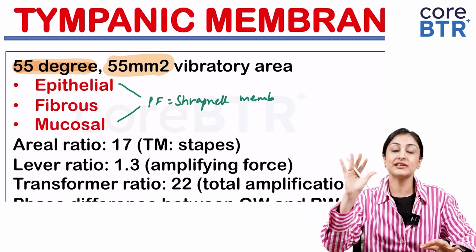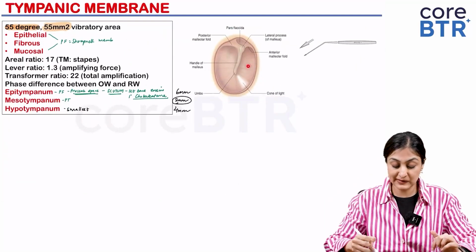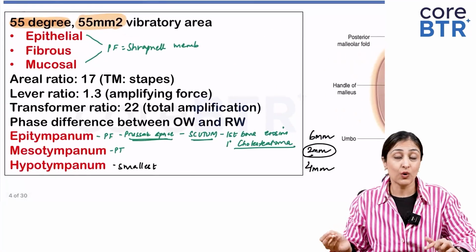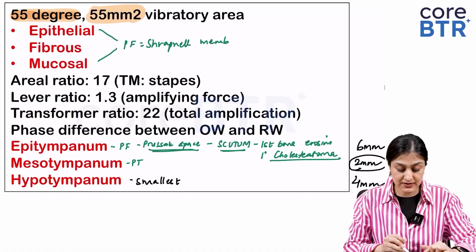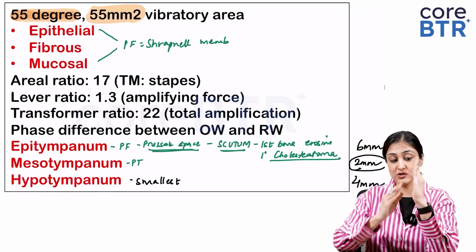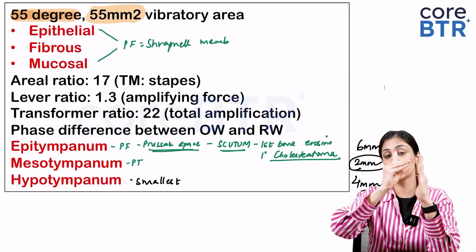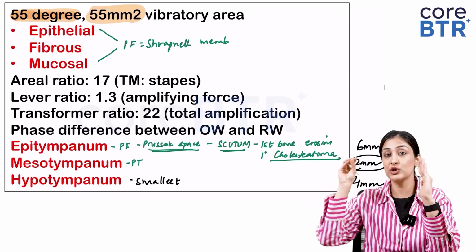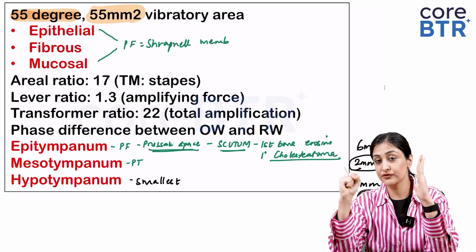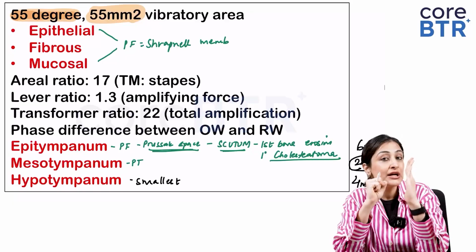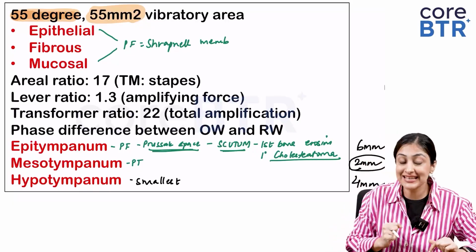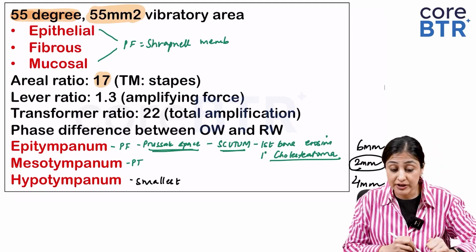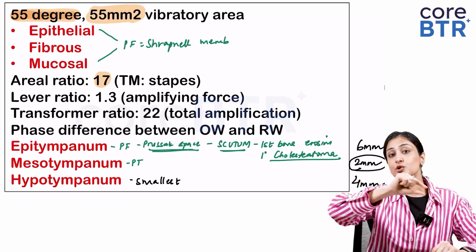So now let's see the contribution of this tympanic membrane on hearing. It is very, very important. So what the tympanic membrane does is, there is a ratio, right? So imagine this is the size of the tympanic membrane. It is going to give the sound to malleus, incus, stapes, which is sitting on the oval window. So the ratio of the size of the tympanic membrane to the stapes is called the areal ratio. So that's 17. Then we have the lever ratio. Lever ratio is about the two ossicles.